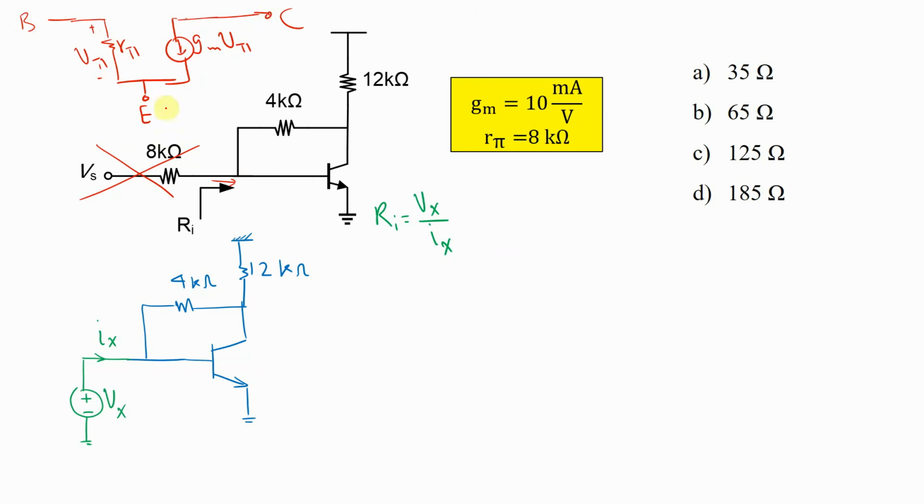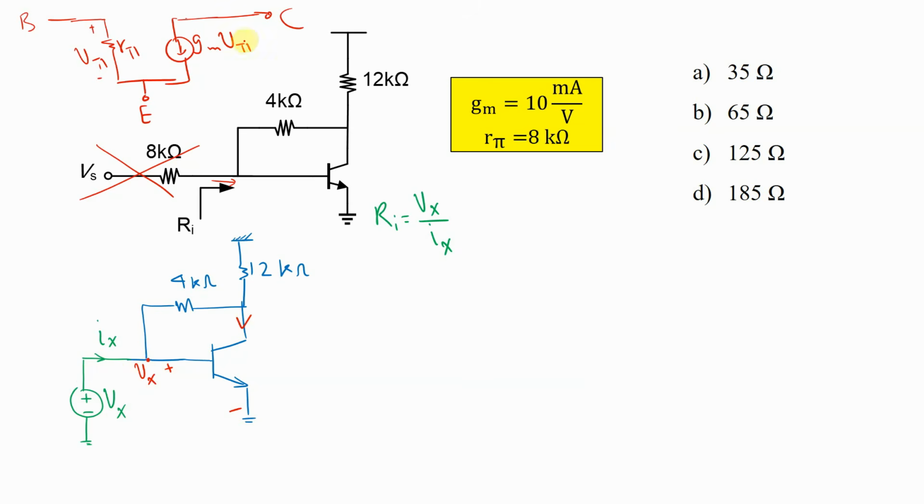Now I'm going to use this small signal model and show it in this circuit. Here this is our V pi. I'm not going to use V pi because V pi is exactly equal to Vx, so this node equals Vx. And how about this current?